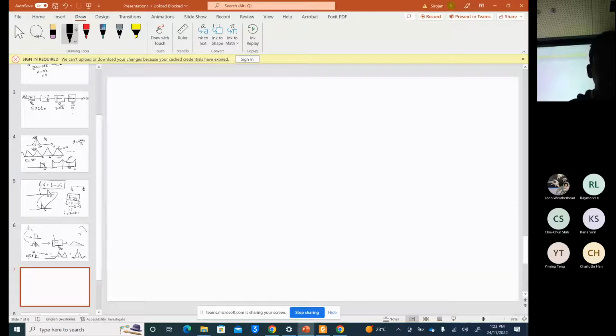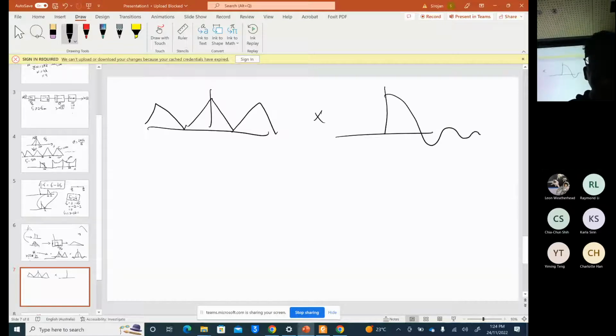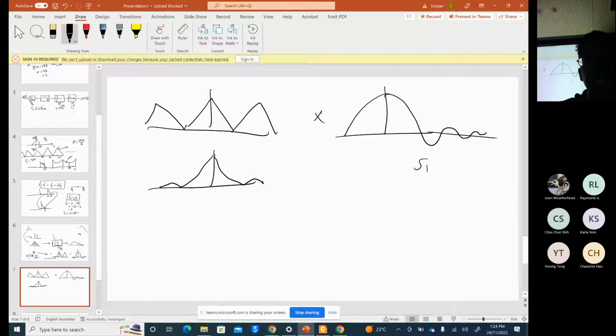You have this signal multiplied by the sinc function, and so these get distorted. Some kind of distortion is there. The sinc function is sine x over x, so this distortion is sinc distortion.